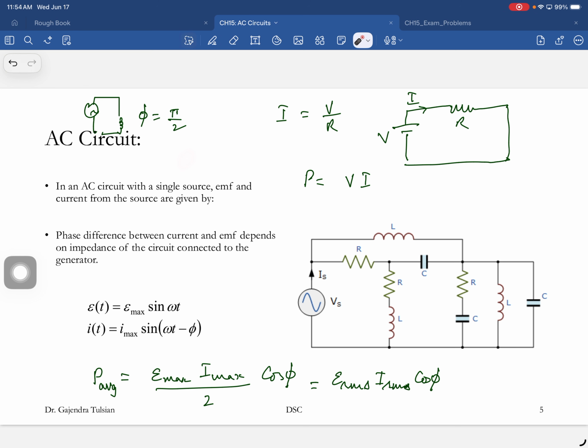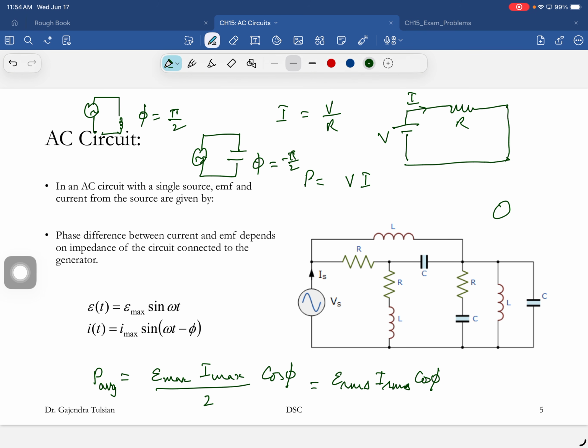If this circuit is purely a capacitive circuit, phi would be minus pi by 2. Is your pizza being cooked? Still 0. It's 0. So when is your pizza being cooked? When it's a purely resistive circuit, that's when phi is 0.